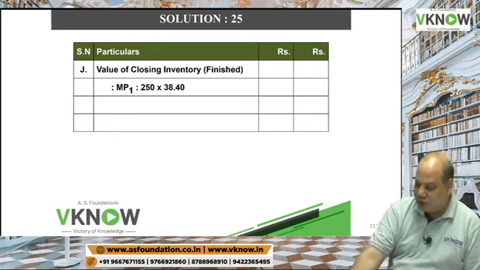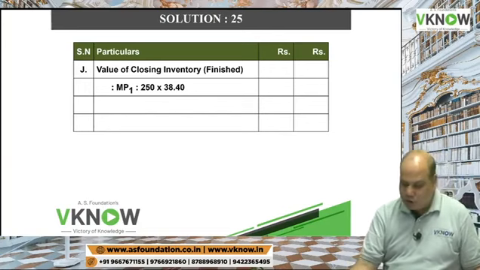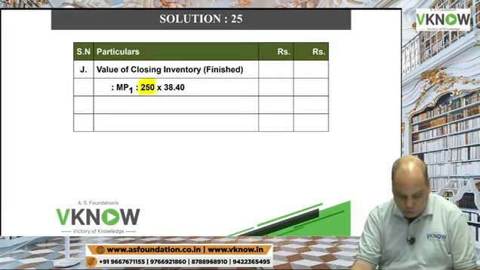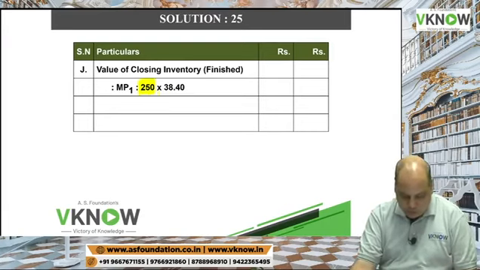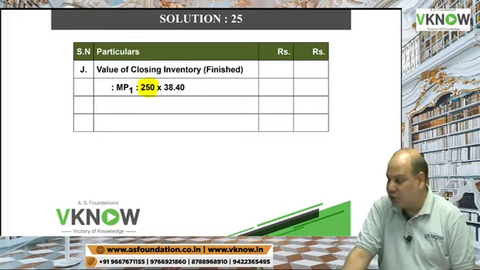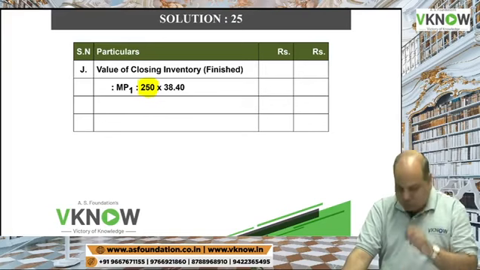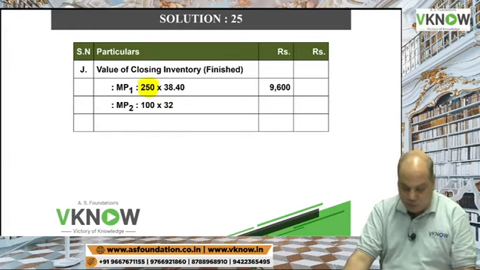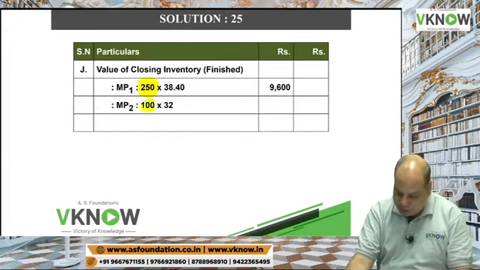Finished goods inventory, MP1 closing stock. Please make a small correction in your question. Make it 250. It may be written 800. I request you to make it 250 in the last column. 250 into 38.40 is 9,600. And MP2, please make it 100 units.